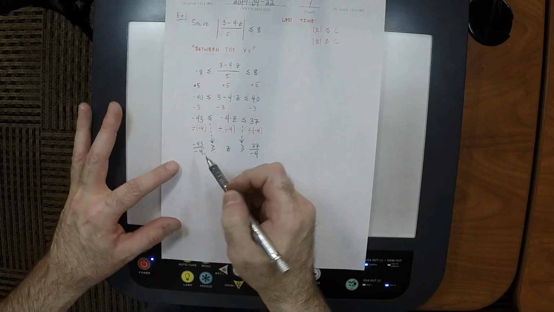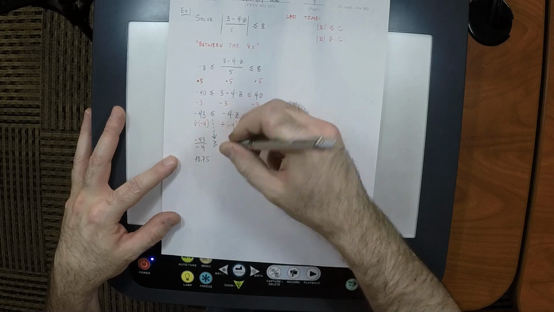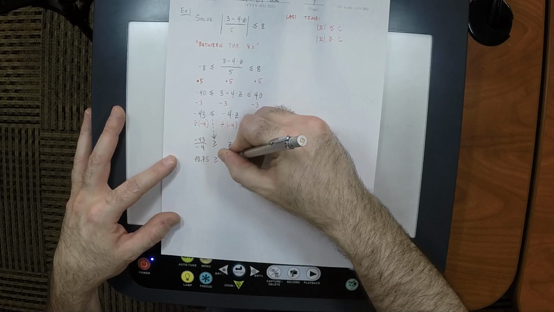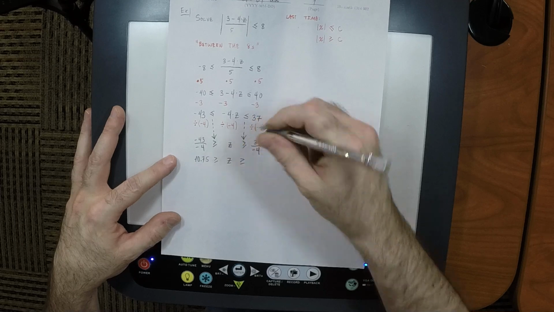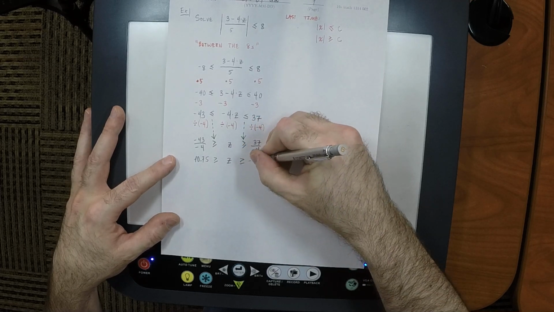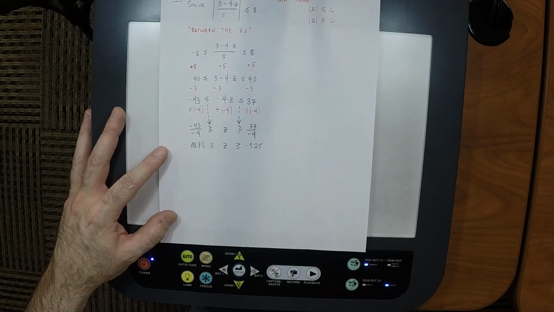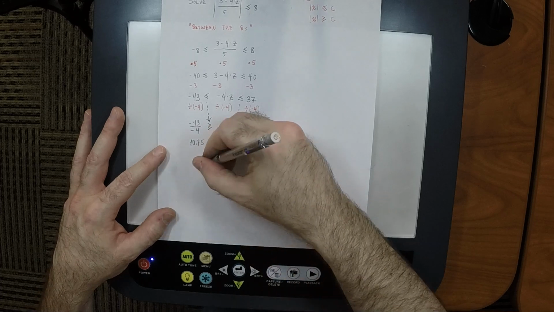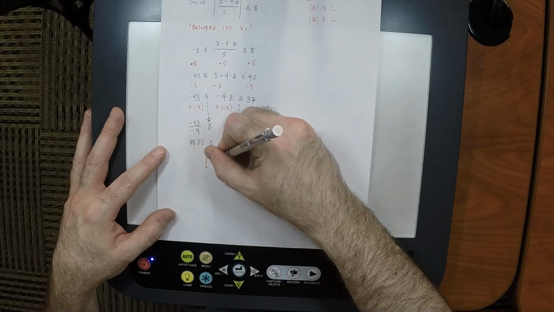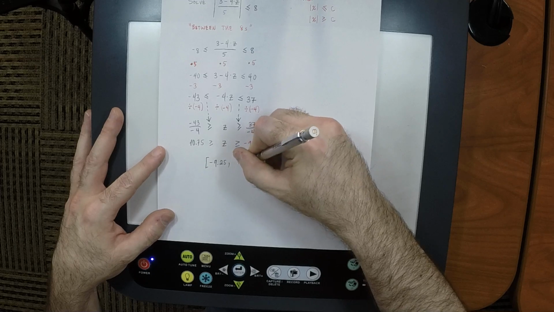So the negatives cancel, and this is 10.75 greater than or equal to z greater than or equal to -9 1/4. And then in interval notation, you could write this as -9 1/4 to 10 3/4.